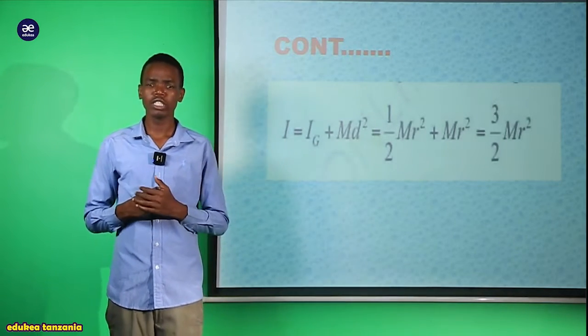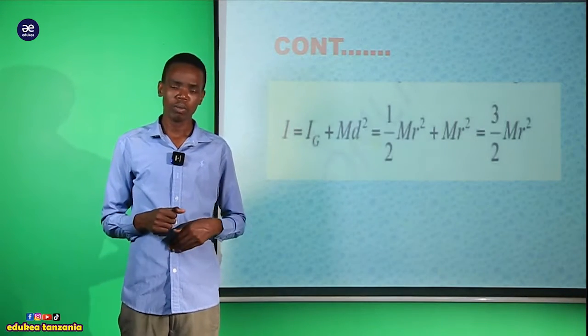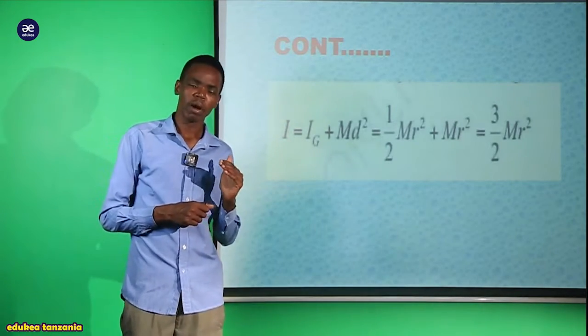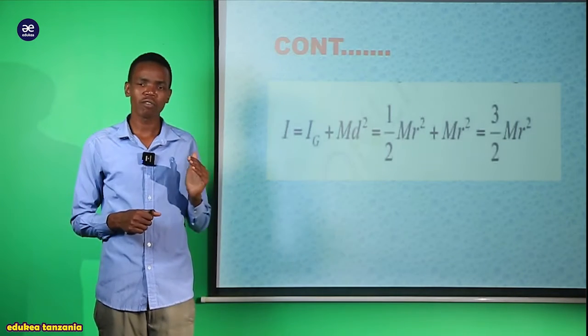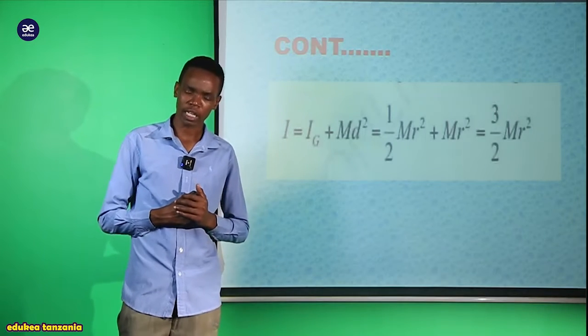There are so many questions you will be asked on this part. You'll be asked, using the parallel axis theorem, prove that the moment of inertia for the solid sphere must be equal to 7/5 mr square.